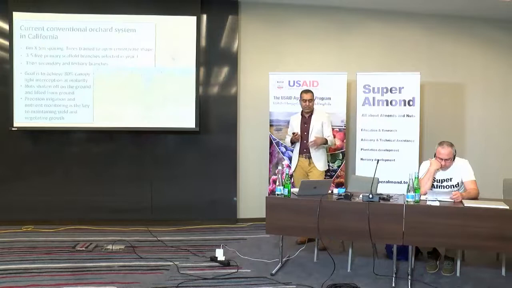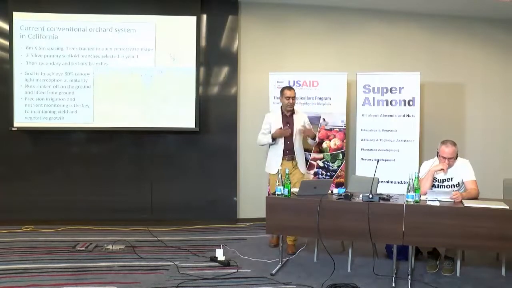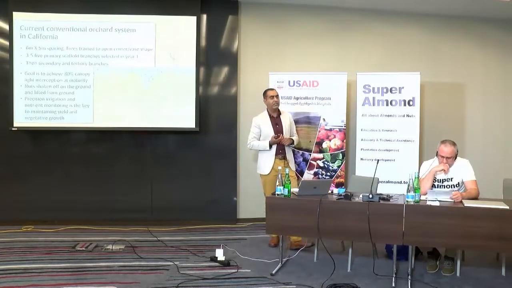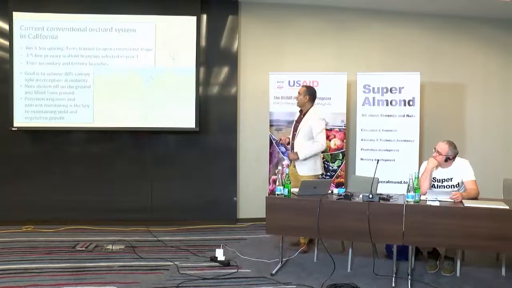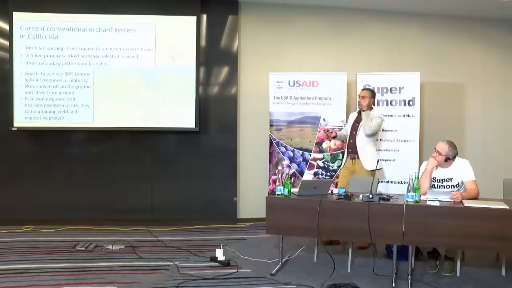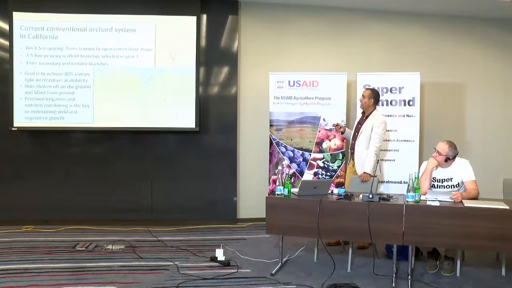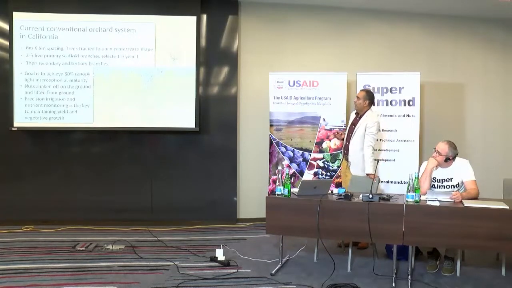This is my last slide of this presentation, talking about the current conventional orchard system in California. Again, I'm just plotting the previous picture of non-pareil variety, just to show you how the conventional tree is trained. I converted this to meters, 6 meter by 5 meter spacing conventionally. The trees are trained to open center, 3 to 5 primary scaffold branches selected in year 1.